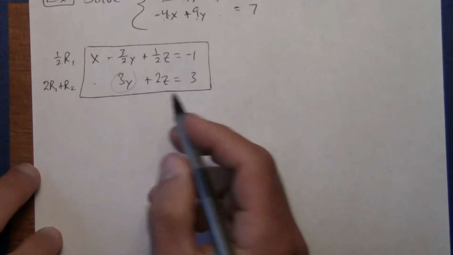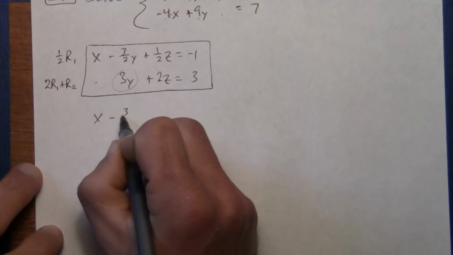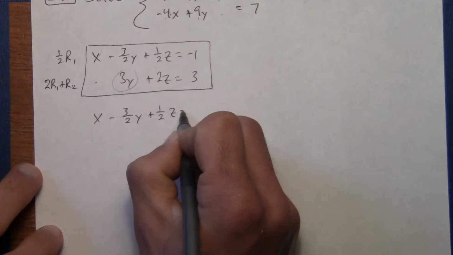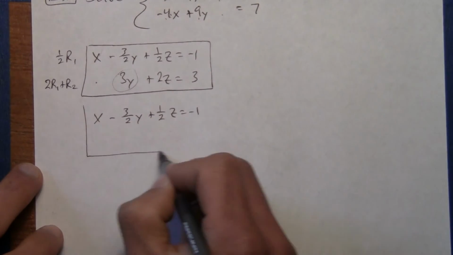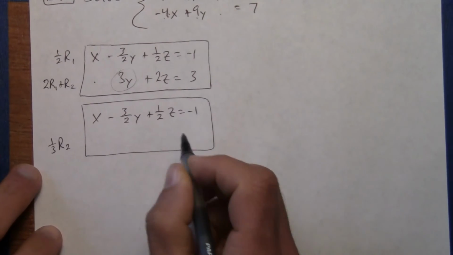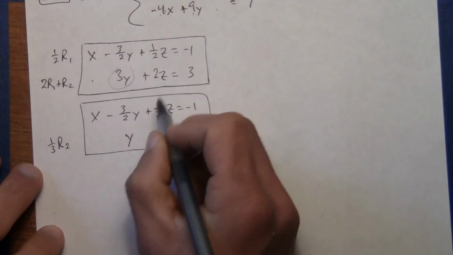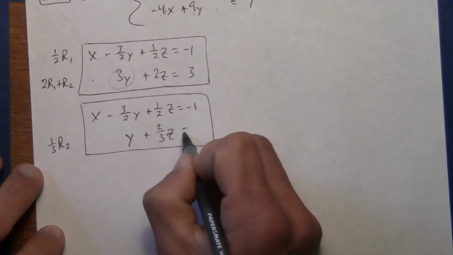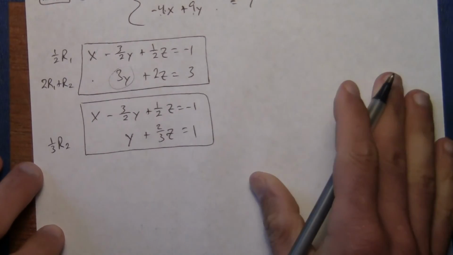My next goal is to get a 1 in front there, and since it's the only equation I have to work with, I have no choice but to divide it by 3, whether it goes into all those numbers or not. So I'm going to multiply second row by 1/3, and that's going to give me 1y. It's going to give me 2/3 z, and we get lucky here. It's going to end up giving me 1.